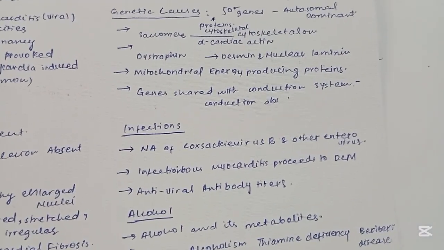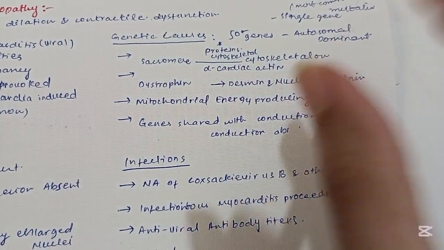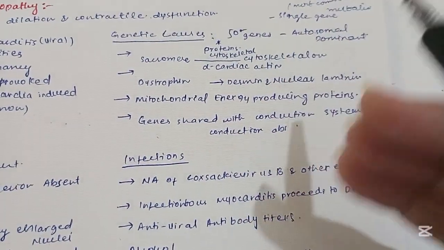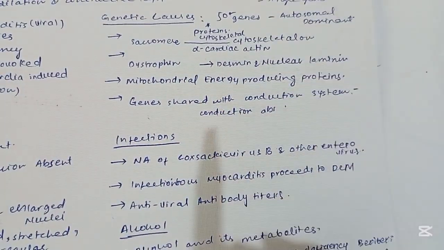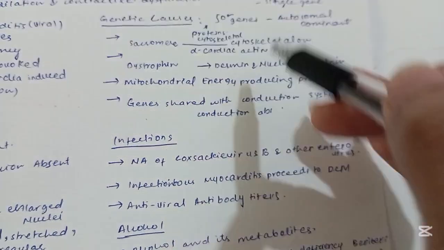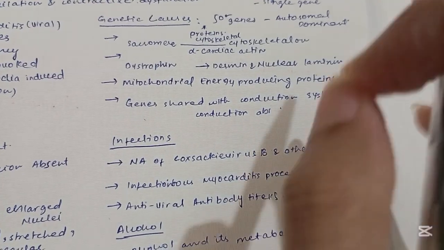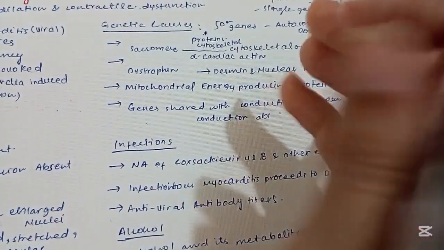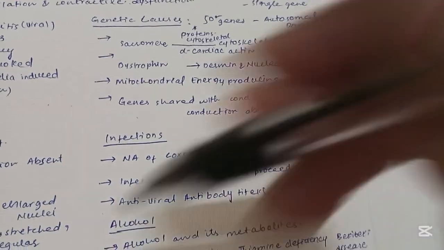Now the causes. Number 1, we have the genetic causes, and most commonly there is a single gene mutation, and the pattern of inheritance is mostly autosomal dominant. The genes mostly include those for proteins such as alpha cardiac actin. These are proteins that interact with the sarcomere on one side and the cytoskeleton on the other side.